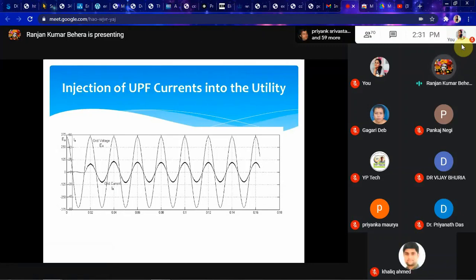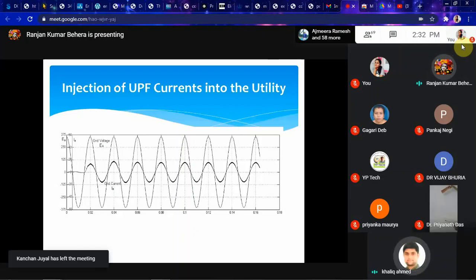But in power electronics, it is not just VI cos phi, it is the displacement factor and the distortion factor. When the displacement factor is 1, then the complete unit is like 1 only. So you can see that this is nothing but the maximum power transfer to the grid. That is why unity power factor also means it doesn't draw any reactive power.